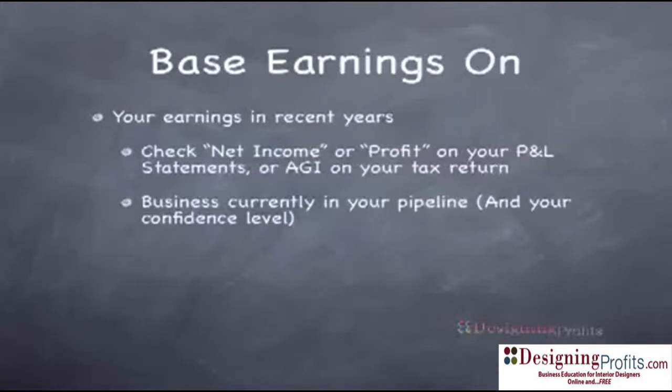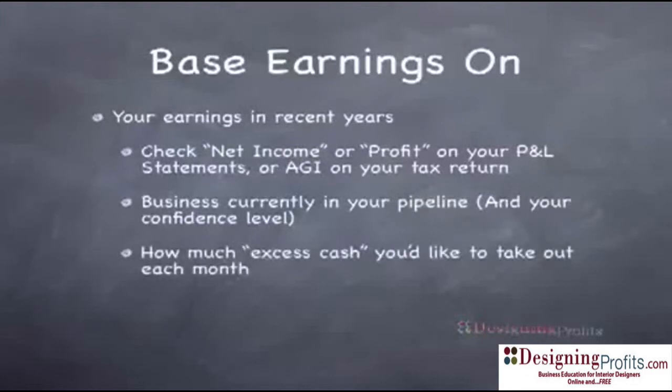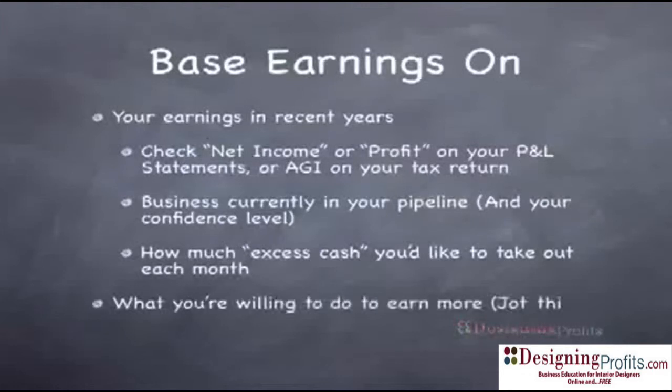You should adjust that by your confidence level for the fact of that business being completed successfully. And then also how much excess cash you'd like to take out of the business each month. Oh, and lastly, what you're willing to do to earn even more. Jot this down in your workbook.